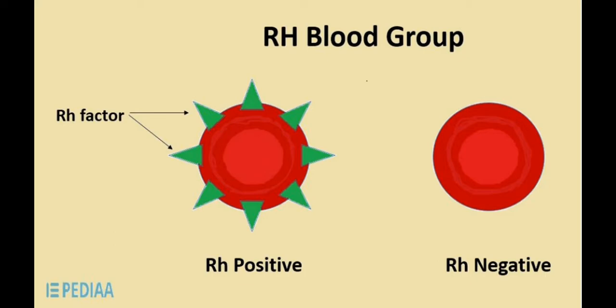As I said, rhesus factor means there is a protein on the surface of the red blood cells. Rhesus monkeys, and primates especially, have these proteins on the surface of the erythrocytes, and rhesus negative is a kind of pure blood.